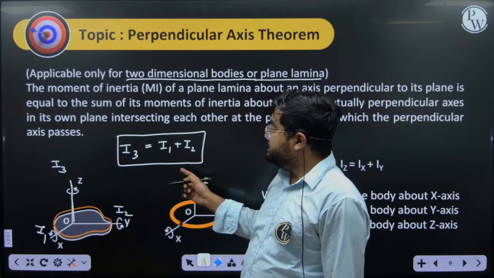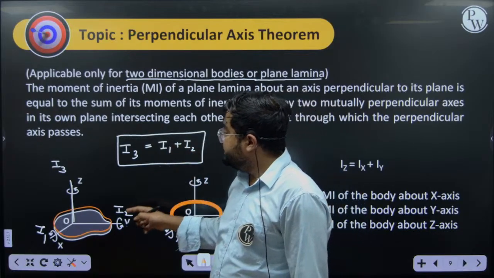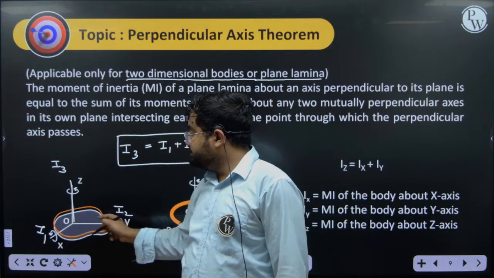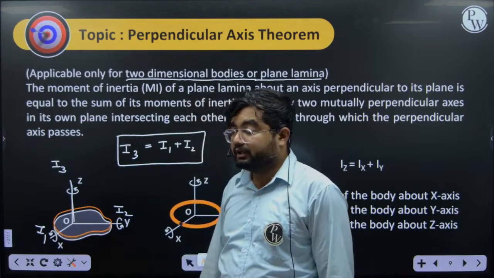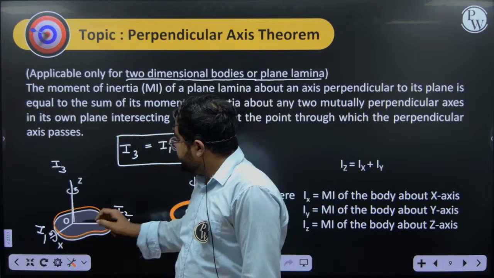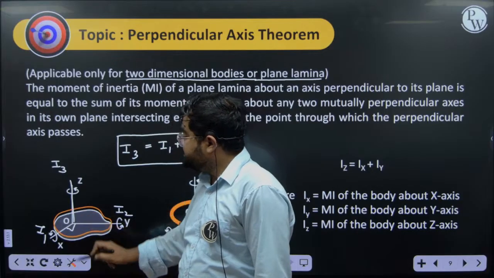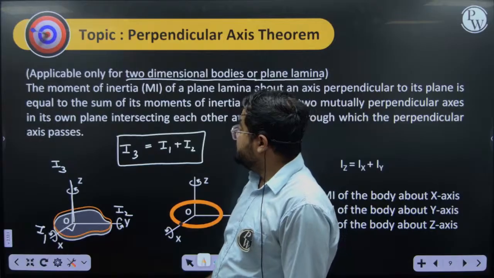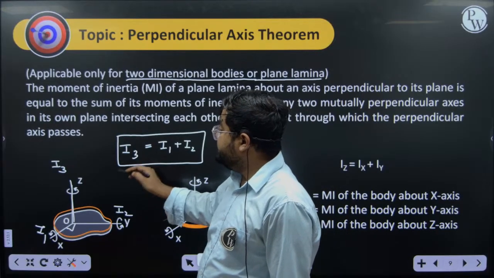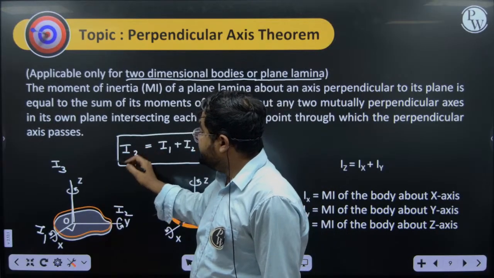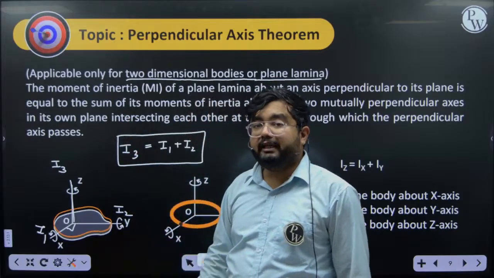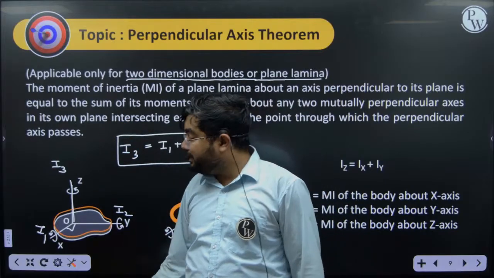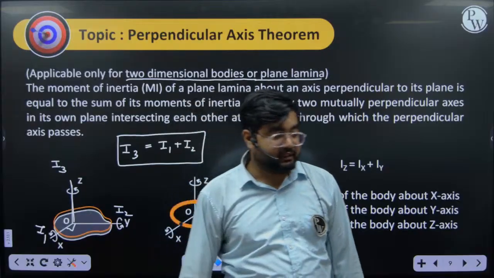So some points here. I1 and I2 axes should lie within the plane of the body. Second point, the axes which lie in the plane of the body must be perpendicular. And third point, the axis I3 is perpendicular to the plane of the body, passing through the intersection point.